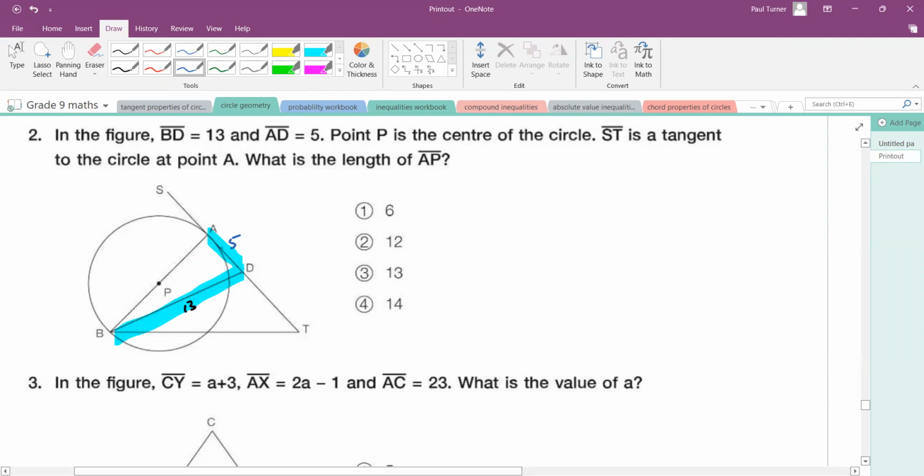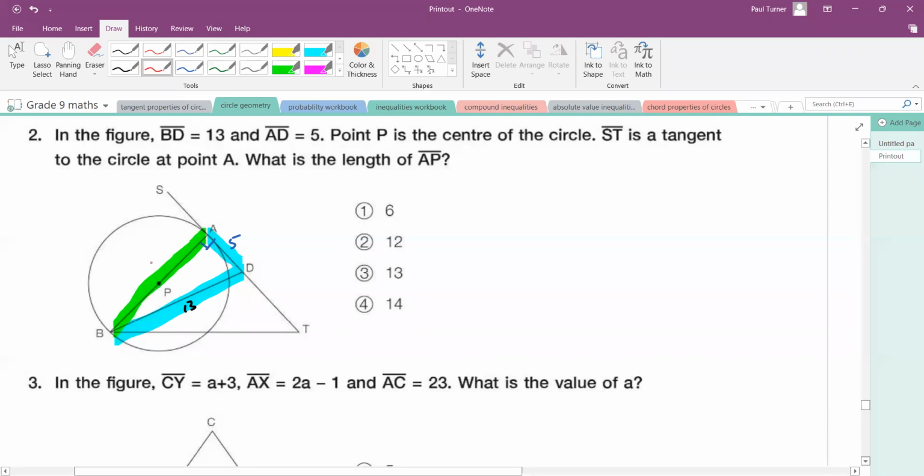And we notice that ST is a tangent at A, and you've got a diameter which passes through P here. So we know that the radius at this point will be at a 90-degree angle to the tangent. So then we can use Pythagoras to get the length PB.